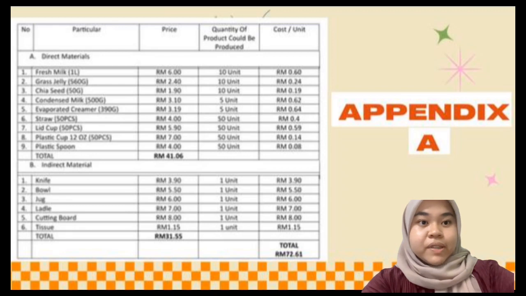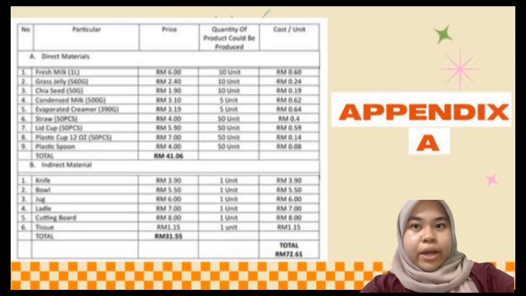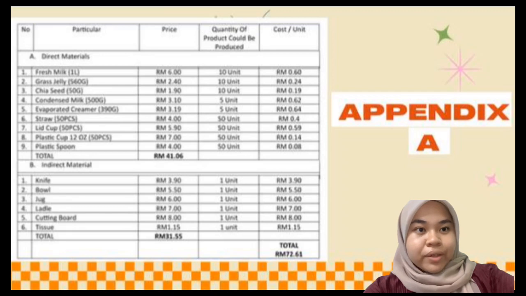RM0.64. Number 6 is straw, 50 pieces, and the price is RM4, the quantity that could be produced is 50 units, and the cost per unit is RM0.40. Number 7 is lid cup, 50 pieces, and the price is RM5.90, the quantity is 50 units, and the cost per unit is RM0.59.